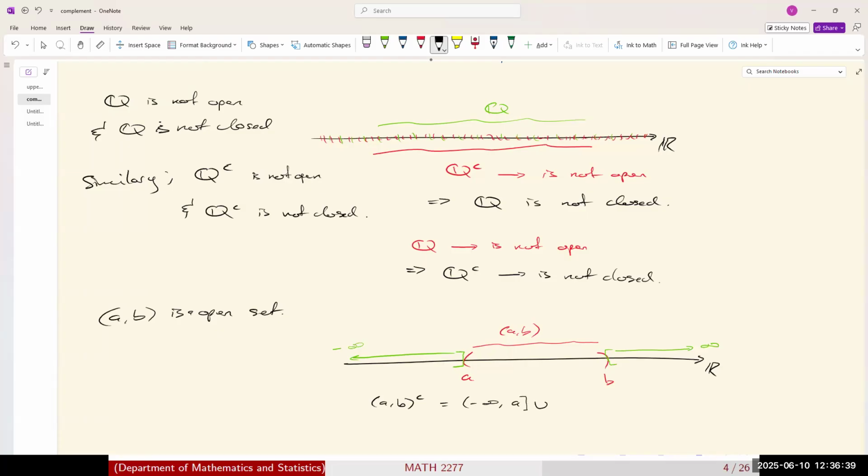So now I'm jumping over the entire open interval (a, b) and go from b up to infinity, and again include b.